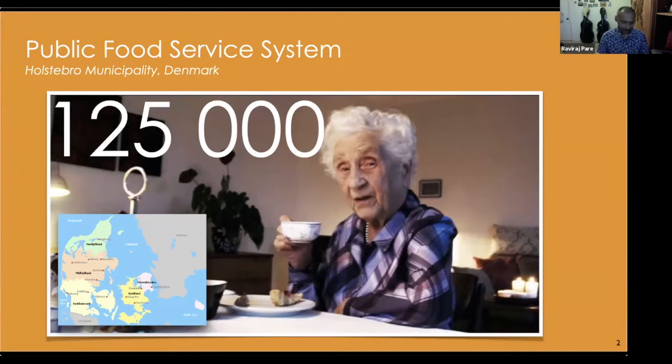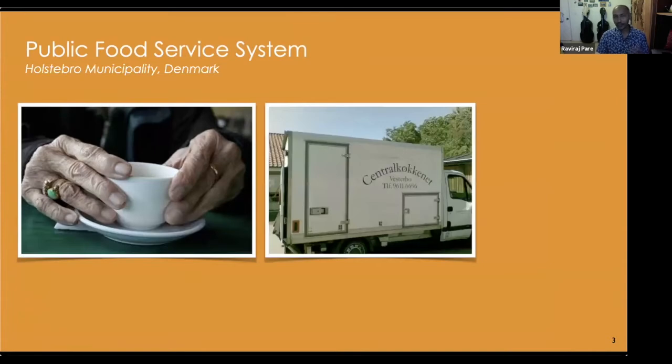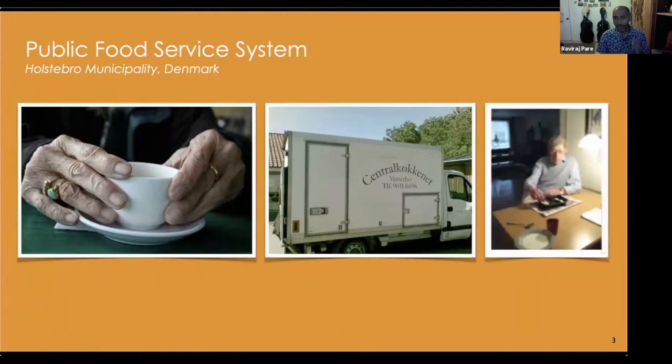They would apply to the county asking for help, perhaps with their nutritional needs and their medications, and based on that application, the county would deliver food to their doorsteps 3 times a day, or however many times was required, and they would have their food in the comfort of their own home. That was how the program was running.